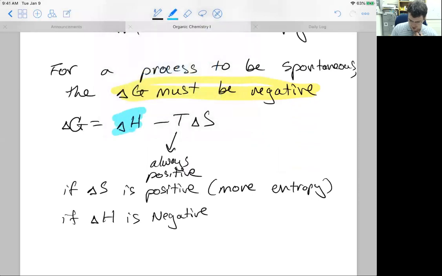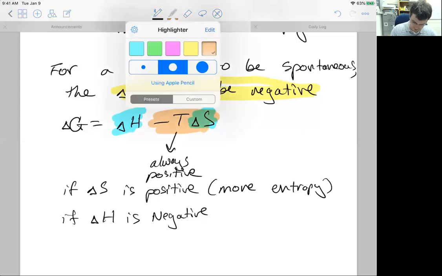If I have a negative term here, because I said my delta H was negative, and a positive delta S, that makes this entire term here negative because T is always positive. If T is positive and delta S is positive, and we're throwing a minus sign out in front of all of it, both of those terms, the delta H and then minus T delta S, are both negative. If they're both negative, delta G's got to be negative, and if delta G is negative, we're spontaneous.